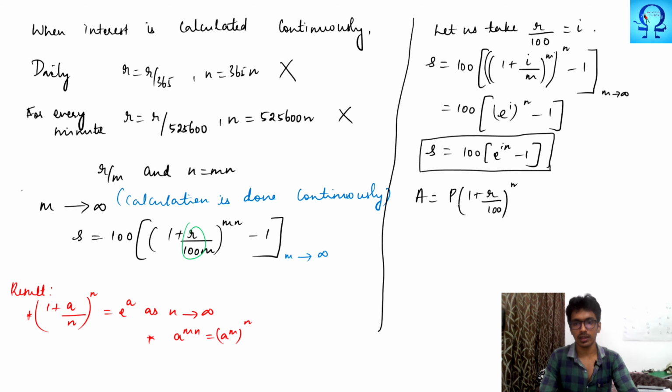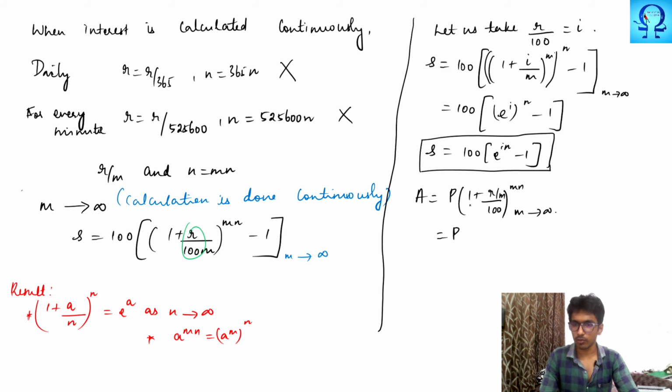Instead of directly writing it, let me derive here too. When things are compounded continuously, we shall replace r with r upon m, and this as mn, right? So here, as m approaches infinity, what is going to happen?